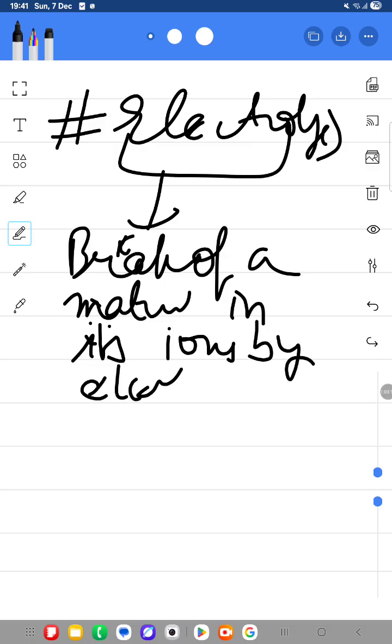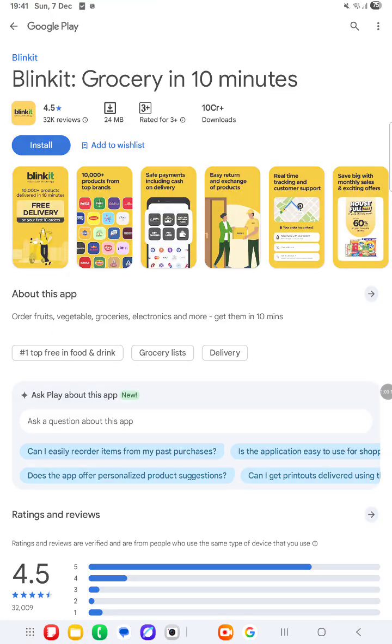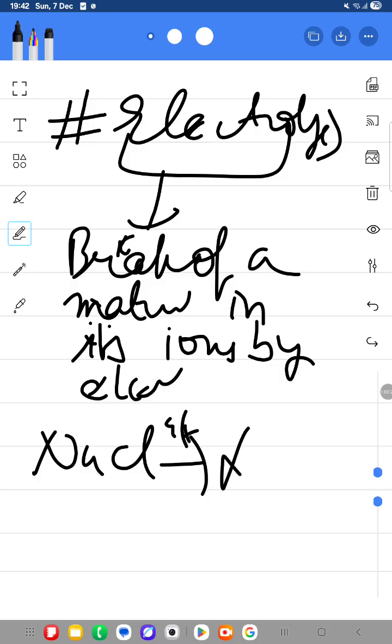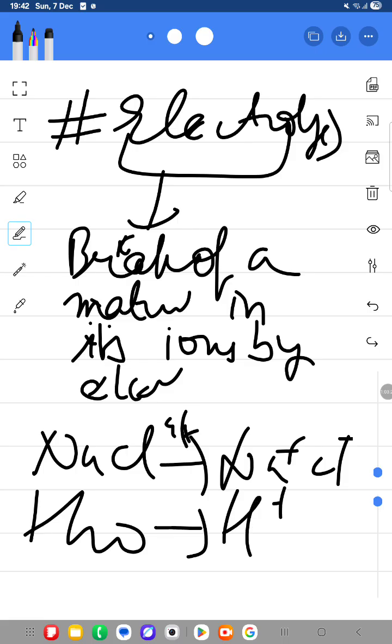For example, NaCl, we can take anything. We will break it by means of electricity into Na plus and Cl minus, or we can take H2O into H plus and OH minus. So the breaking of a compound into its ions by means of electricity is called electrolysis.